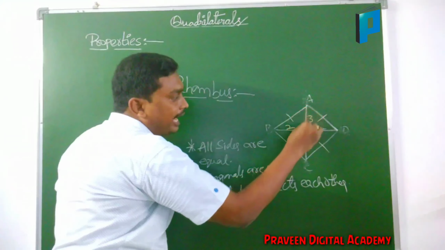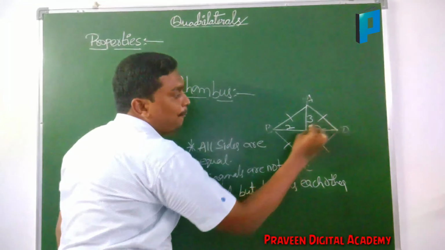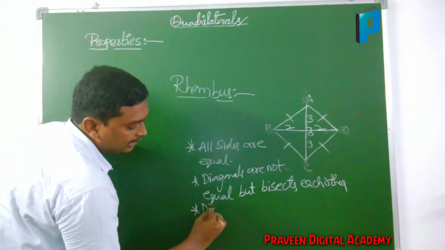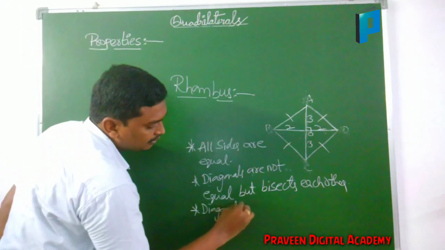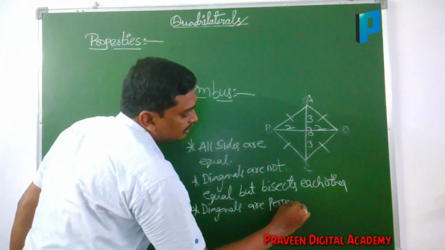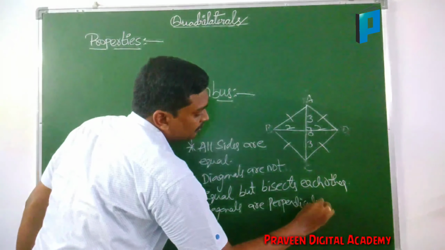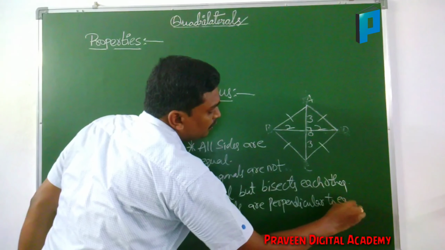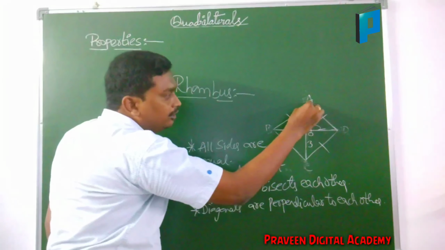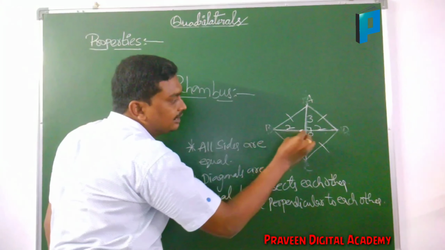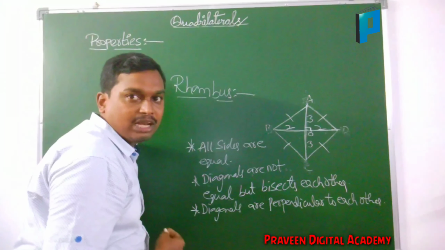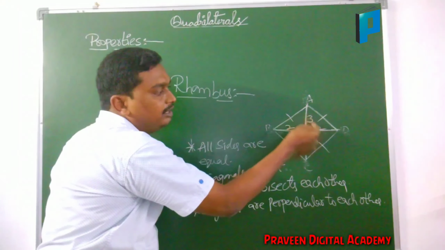And here diagonals are perpendicular to each other. Perpendicular to each other means these both diagonals make 90 degrees between the two.